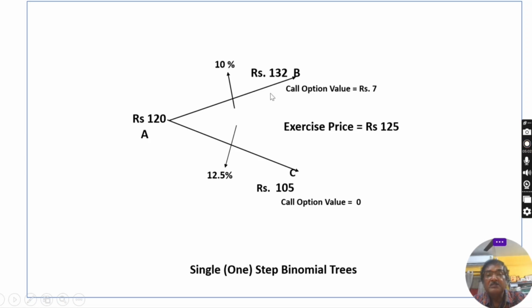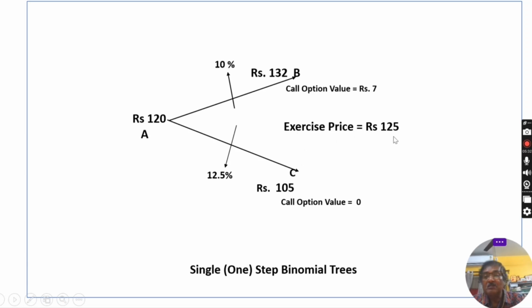After 1 year, the price either will be increased or decreased. The two possibilities are available, as it is a binomial case. After 1 year, the increased price will be this 135, and expected decreased price will be rupees 105.